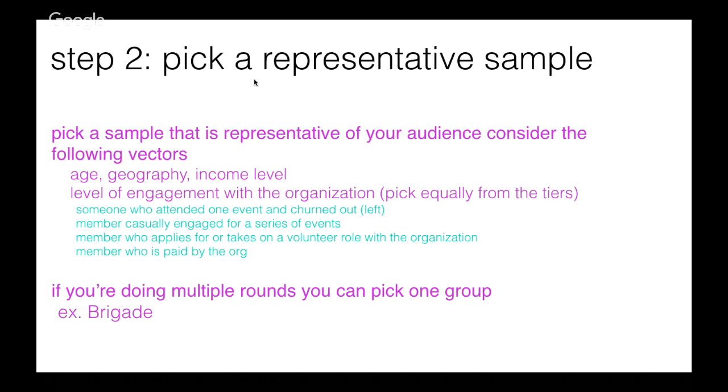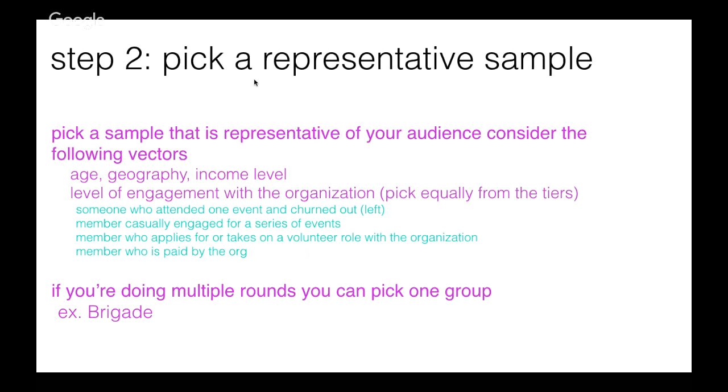So now that I've got my cohorts, I want to pick a sample that's representative of the audience to consider the following vectors. Like we talked about before, level of engagement is a great one. So here's a couple examples. Now, again, if I'm building something new for the first time, often when I'm doing a user research study, I'll pick those people at the top of the pyramid if I'm doing an engagement cohorting, people that are most engaged, because people that are most engaged tend to exhibit extreme versions of behaviors that you can then leverage for other people who are less engaged if you water that functionality down to speak to another audience.